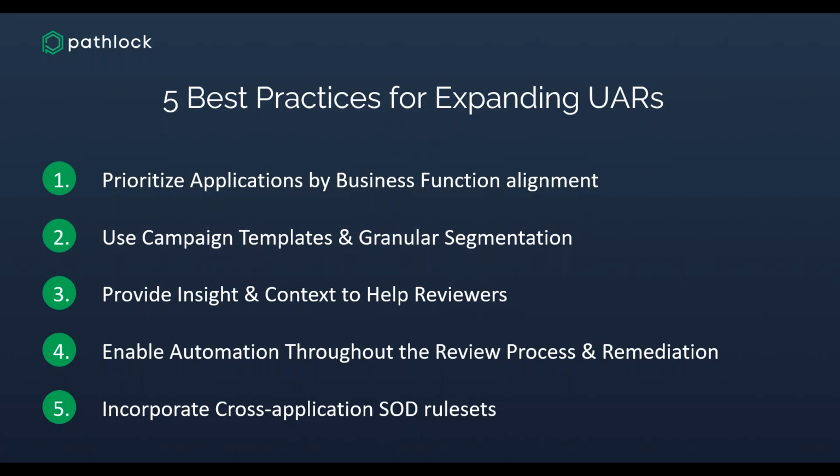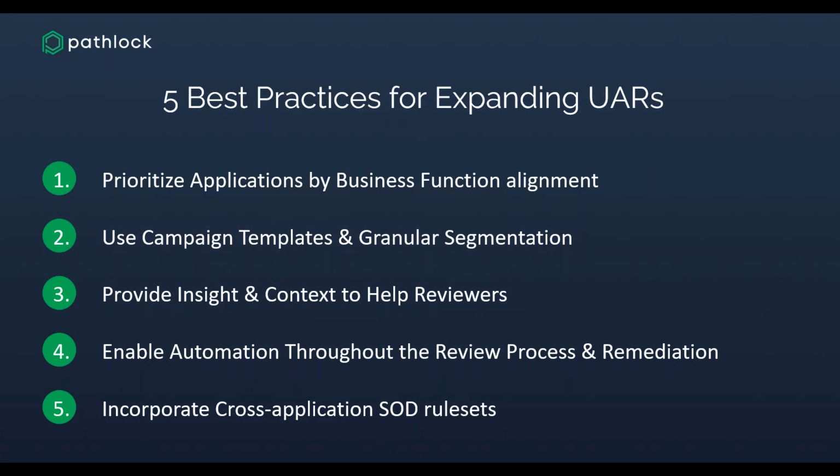Yes, thank you. So let's talk about ways we can expand user access reviews to support your larger application landscape. You have all these different applications that you need to start reviewing and looking at user access for. To do this, we really start reviewing user access by business functions across these applications.